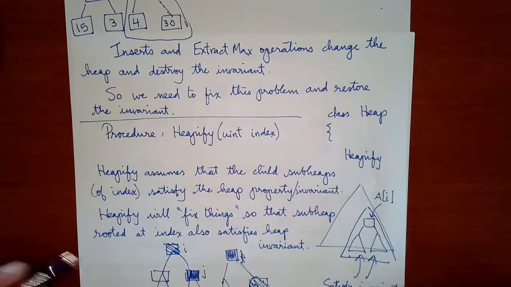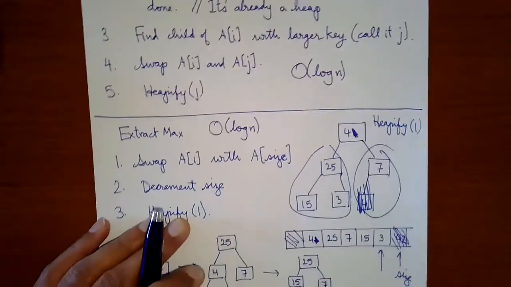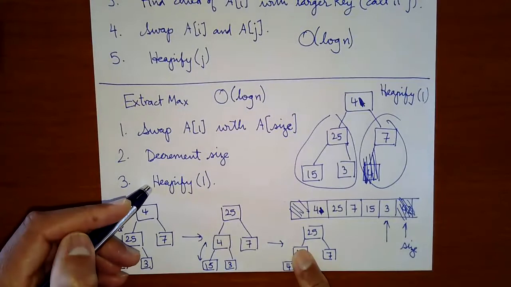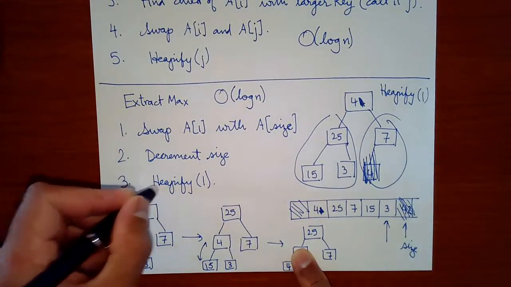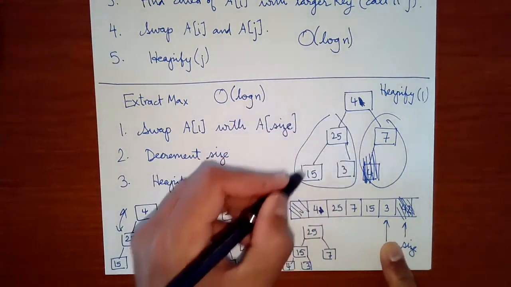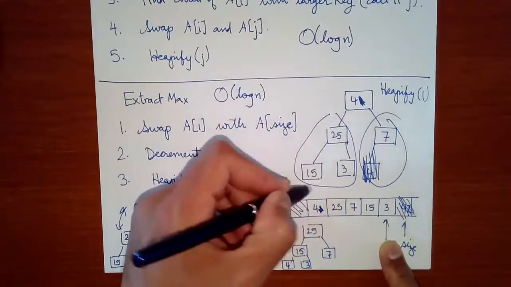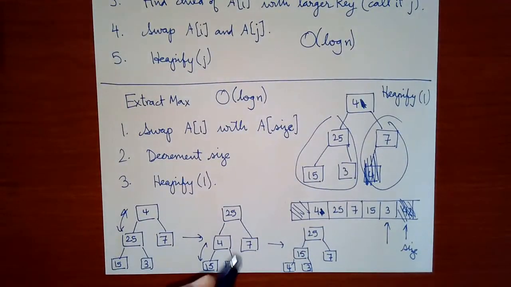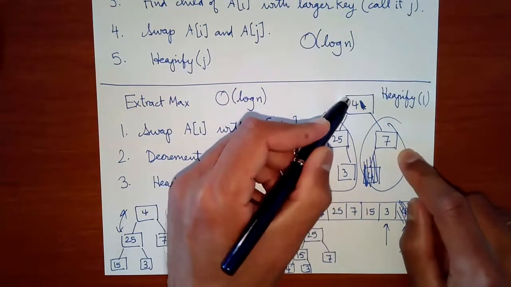The important thing is you have to tell where Heapify should start. And in this case, you tell it to start at 1. And why is it that you can start at 1? Because you know that the children's subheaps already satisfy the invariant, because the only change you made was at the root.